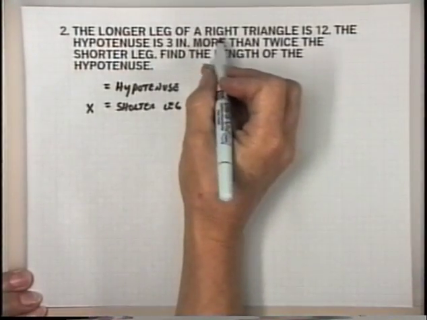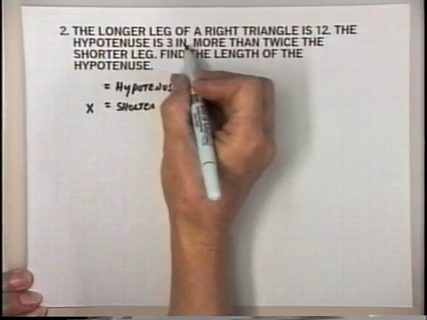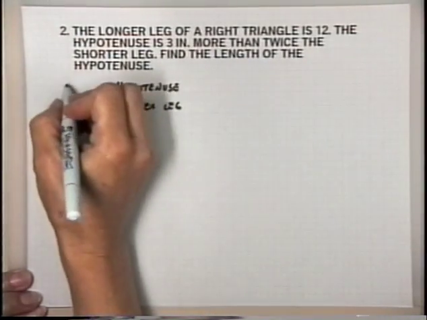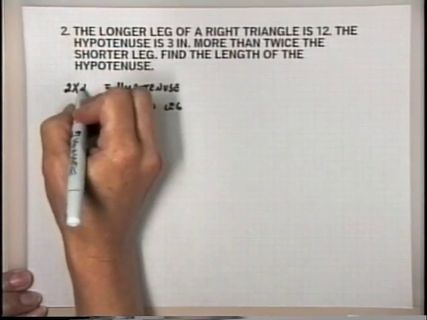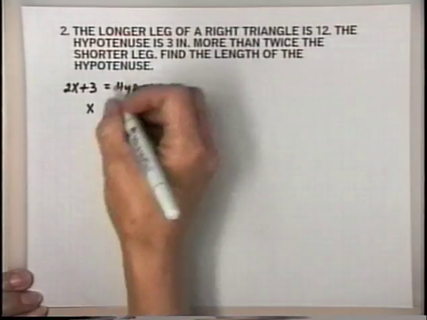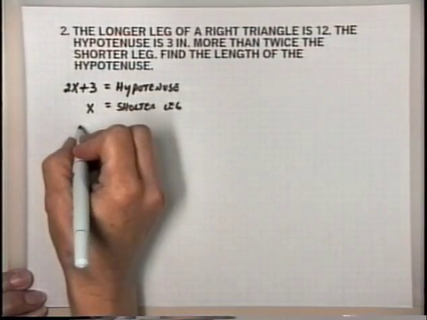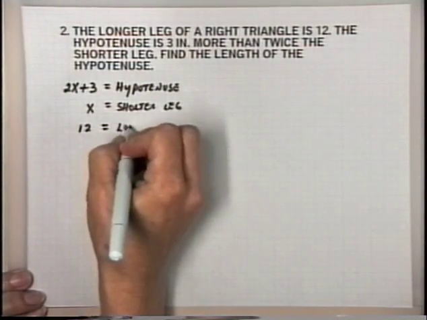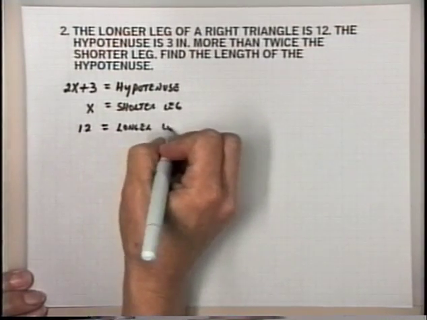Then, looking at this sentence, the hypotenuse is 3 inches more than twice the shorter leg, I can write 2x plus 3 for the hypotenuse. Now, just to complete having an expression for each of these sides, we were given that 12 was the longer leg. So let's go ahead and write that down.